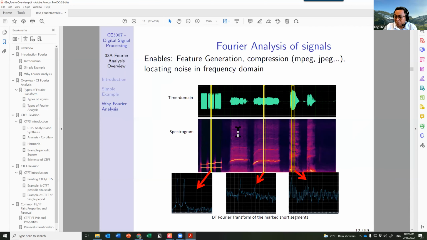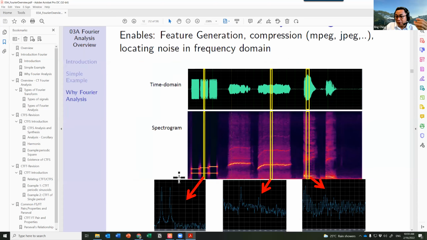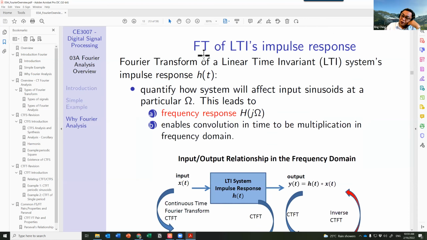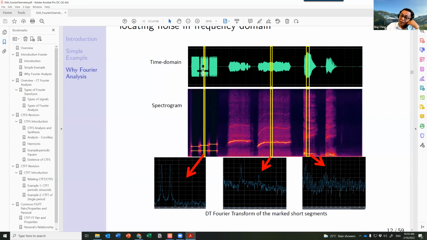Maybe I should show you a Fourier transform first. I take a very short part of the signal, between the two yellow lines, and I perform Fourier analysis. The x-axis is frequency, the y-axis is the amplitude, the magnitude. Most of the time we ignore the phase, we just see the magnitude.